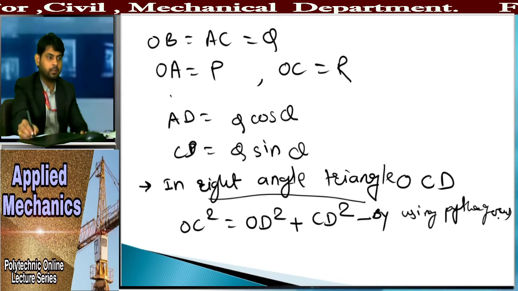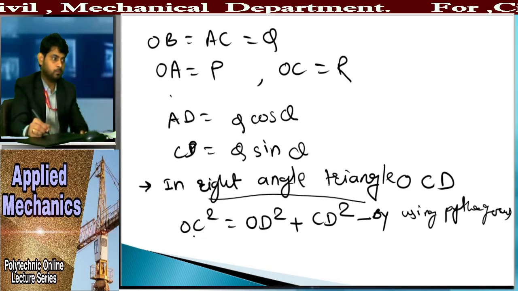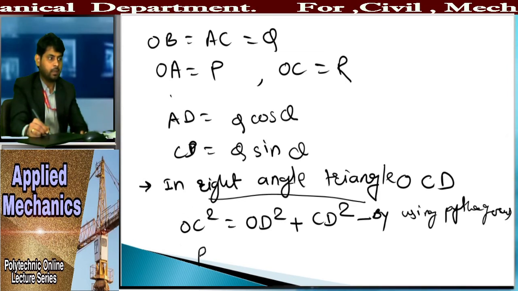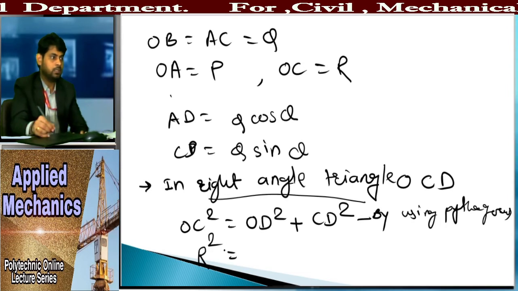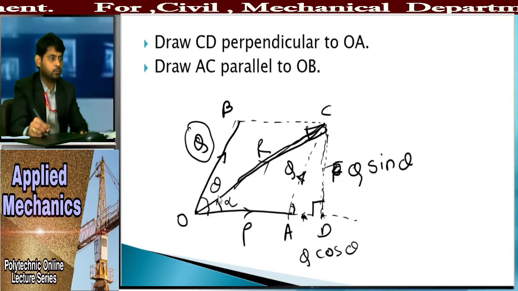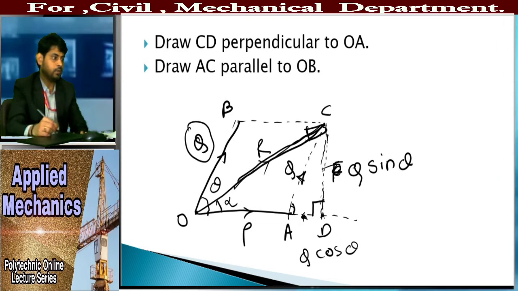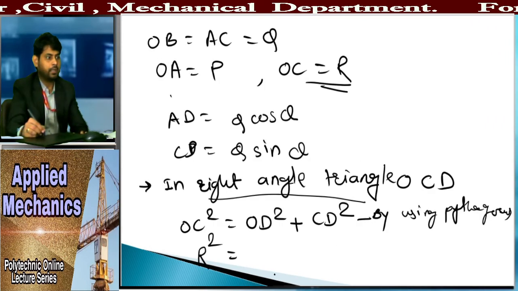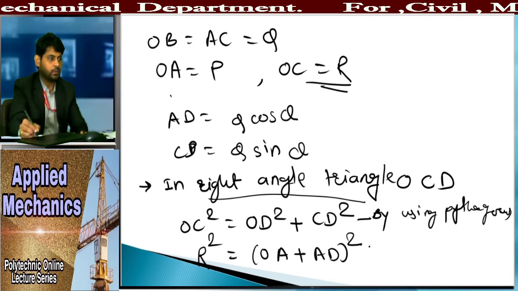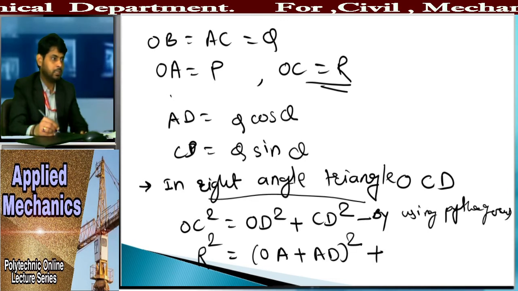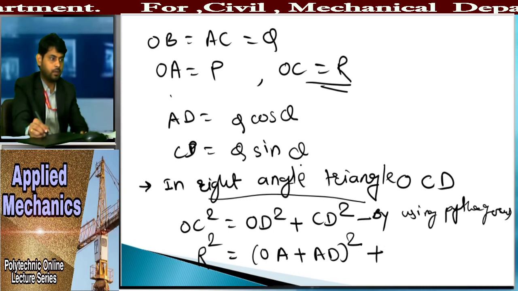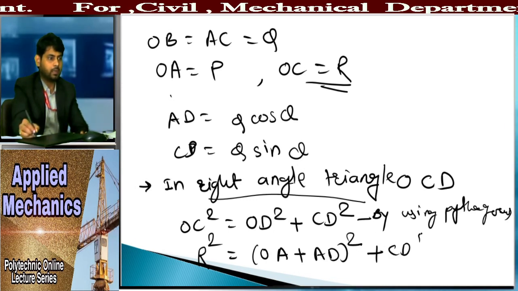Okay, so now see, this OC is nothing but the R, so it is R square. OD is split in two parts, OA and AD. So instead of OD you can write OA plus AD bracket square, plus CD is nothing but Q sin theta, right? So take it as CD after we put all the values.